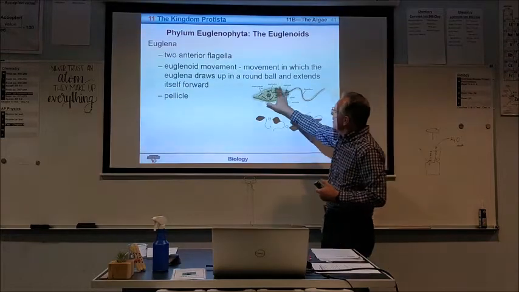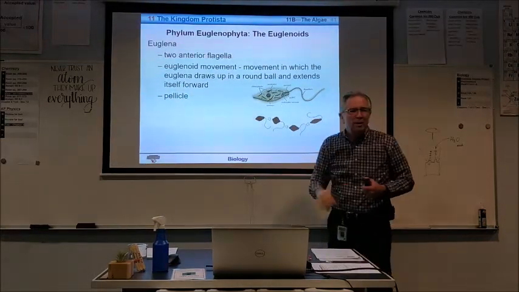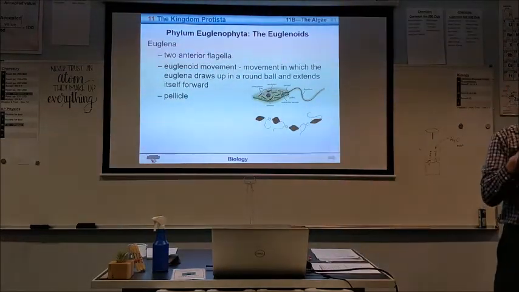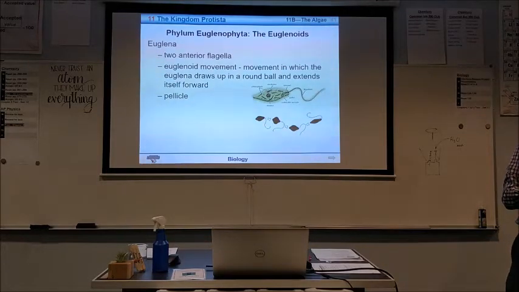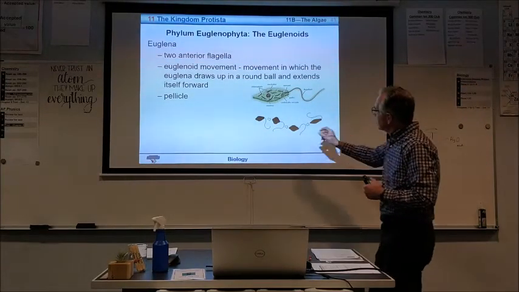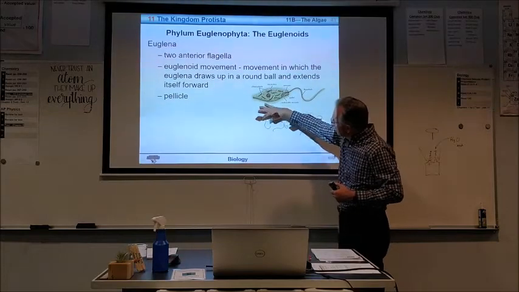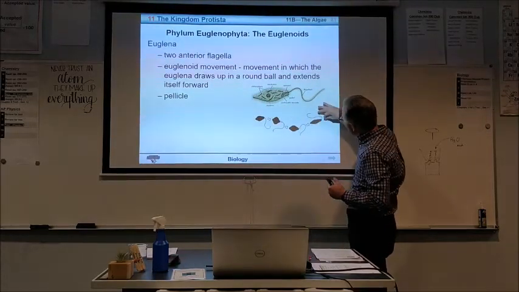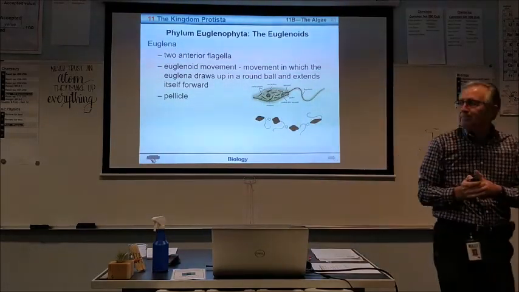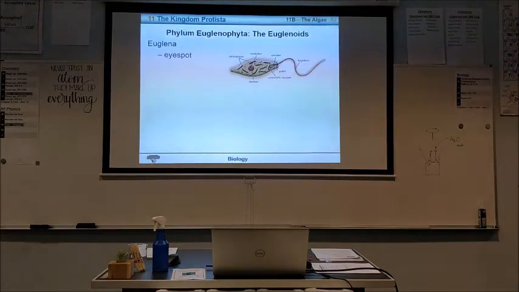The outside of the Euglena is kind of firm, and it's called the pellicle. So the tougher layer on the outside is called the pellicle. But here is the Euglena scrunching up and then stretching out.